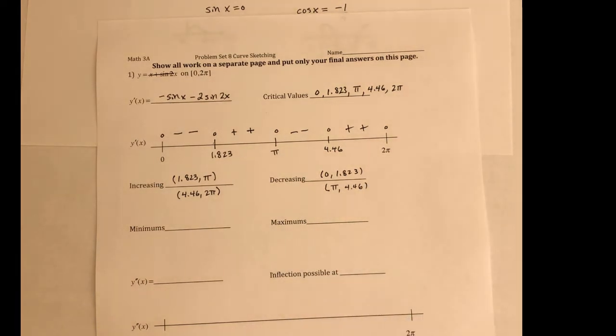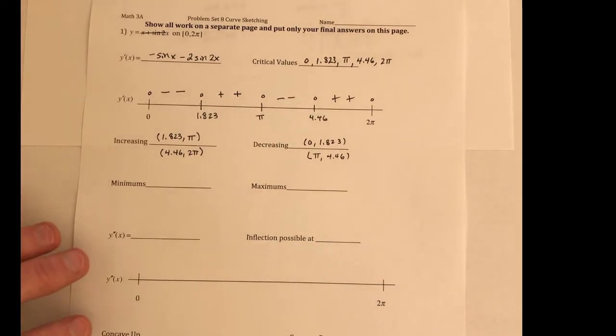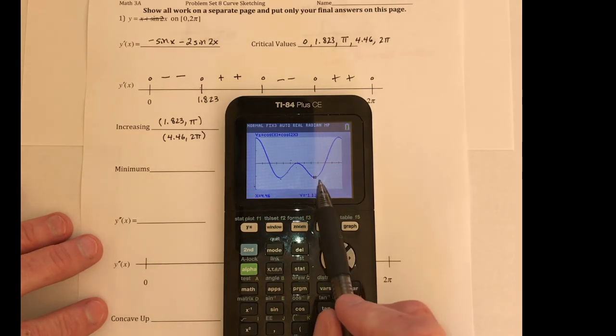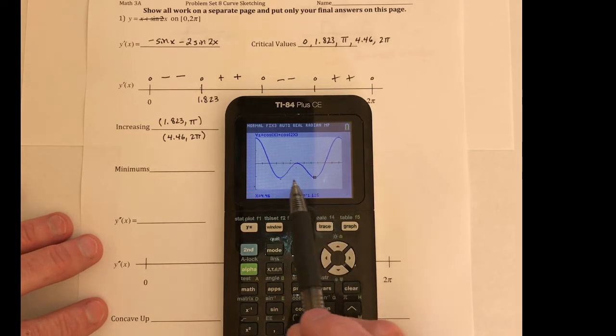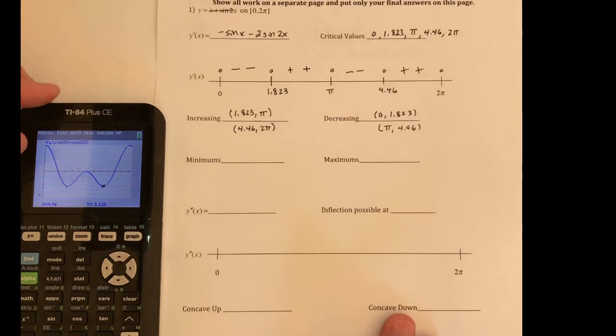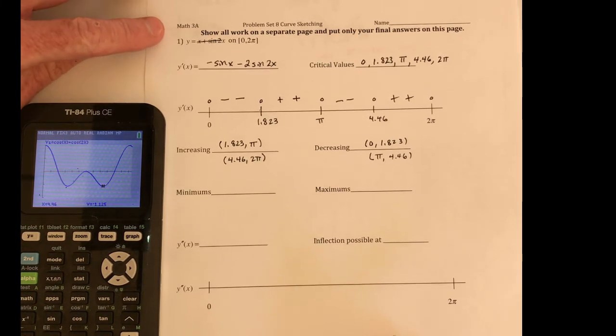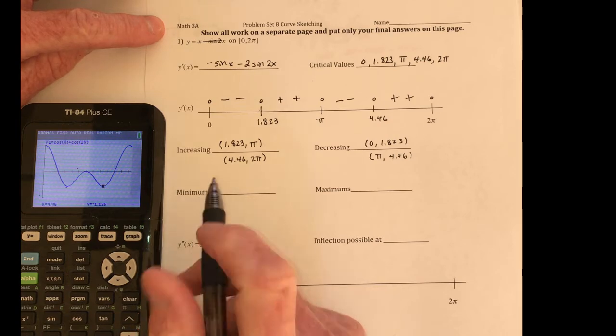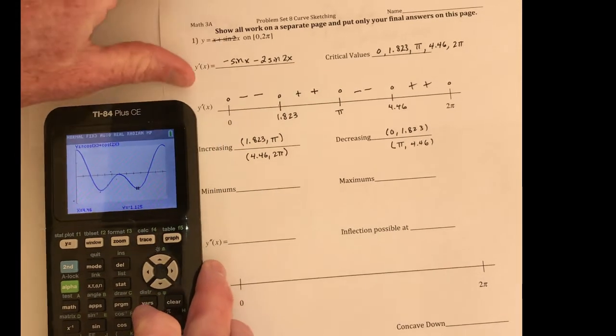All right, then what about minimums and maximums? So actually that's one minimum right there, and then this is another minimum. So for minimums, this is saying what the actual point is, so then put the x and the y.